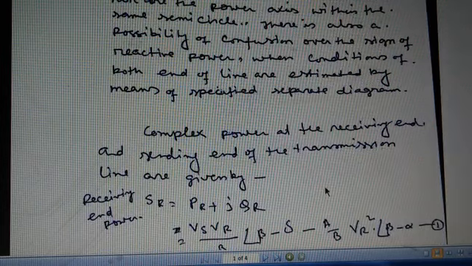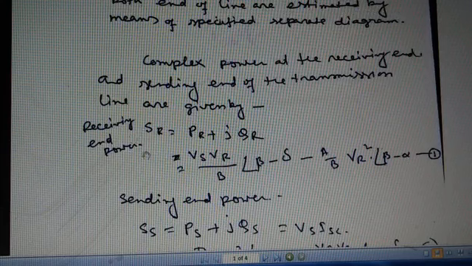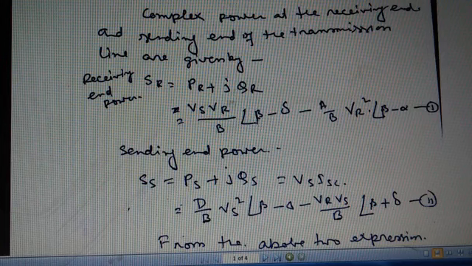The complex power at the receiving end and sending end of transmission lines is given by the following expressions. The receiving end power SR equals PR plus jQR, which equals Vs Vr by B at an angle beta minus delta, minus A by B Vr square at an angle beta minus alpha.